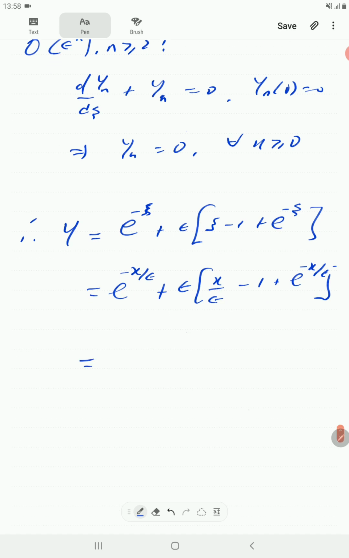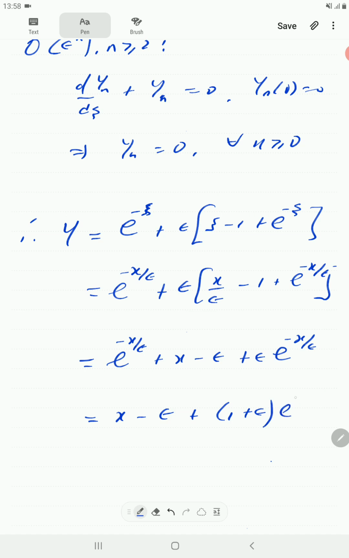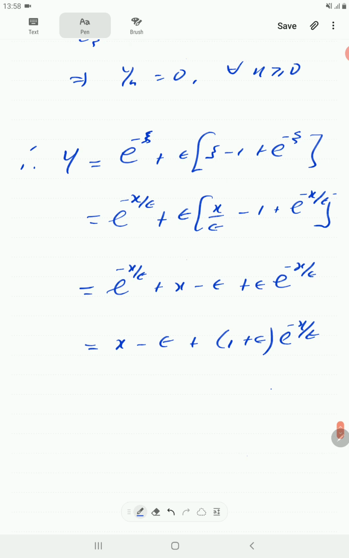So this is going to be e to the minus x over epsilon plus x minus epsilon plus epsilon e to the minus x over epsilon. So rearranging, this is the same as x minus epsilon plus (1 plus epsilon) e to the negative x over epsilon.